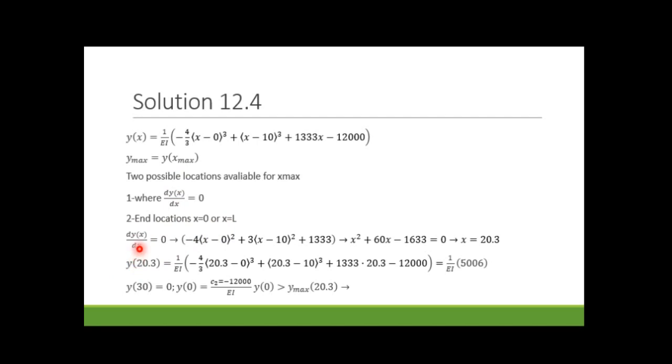So first of all I start with the first point. I want to take the derivative, the slope, and set the slope equal to 0, and I convert it to a polynomial function, and in a second order polynomial function I can easily find x.